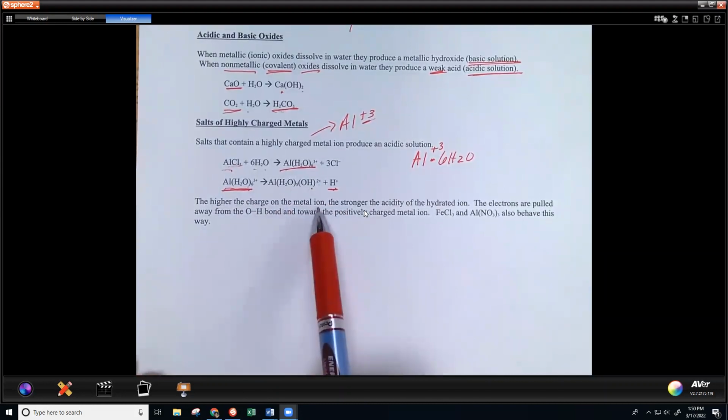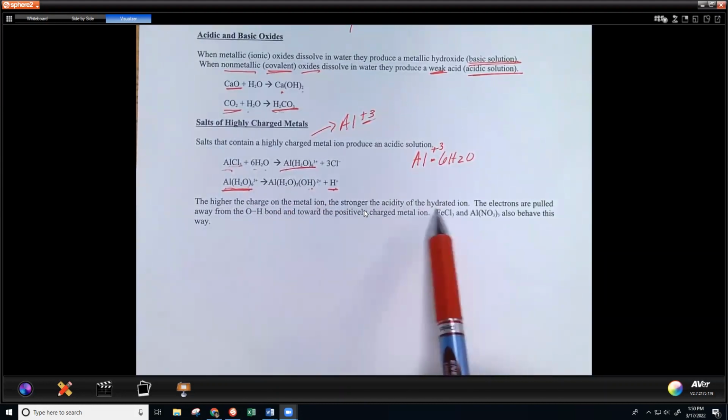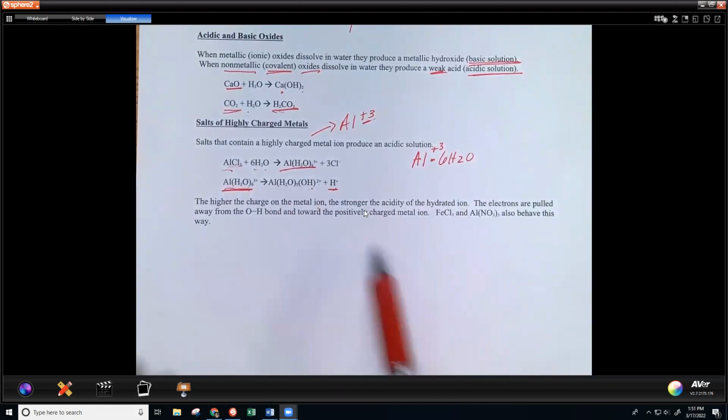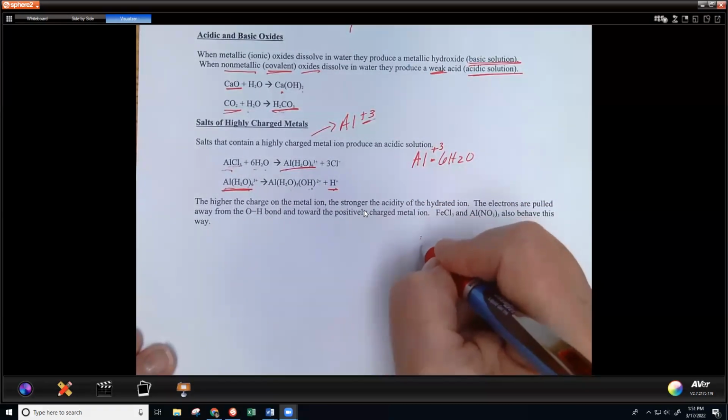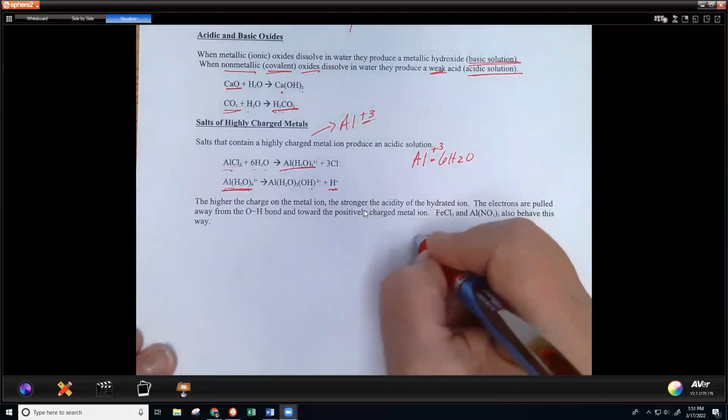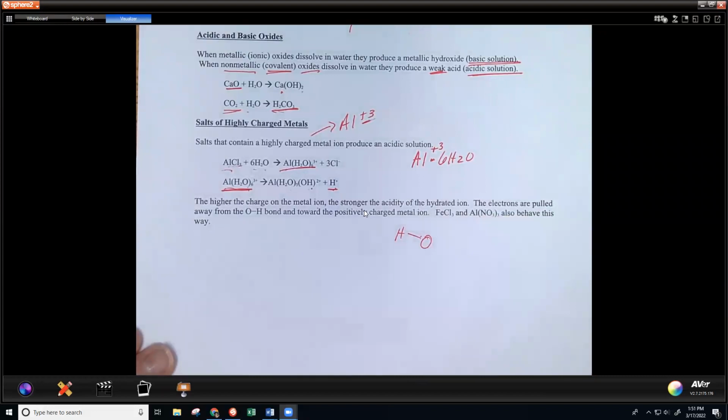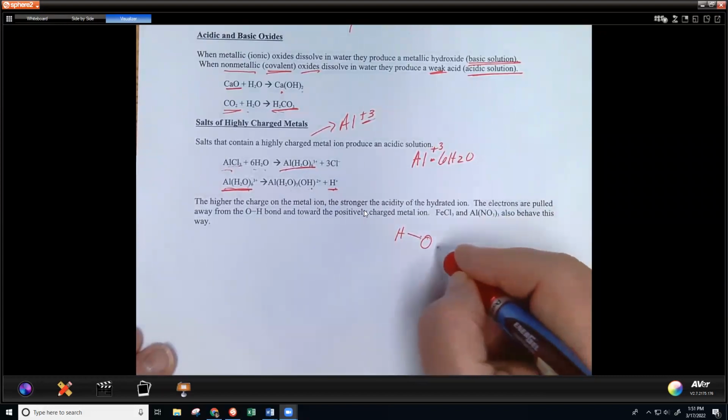The higher the charge on the metal ion, the stronger the acidity of the hydrated ion. So that's what we're talking about here. The electrons are pulled away from that OH bond toward the positively charged metal. And so it's easier for that hydrogen to be lost. Because remember, there we could say that's a bond in one of the waters.